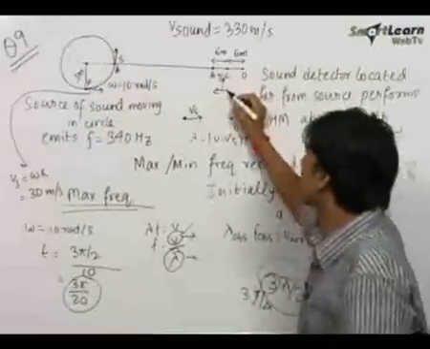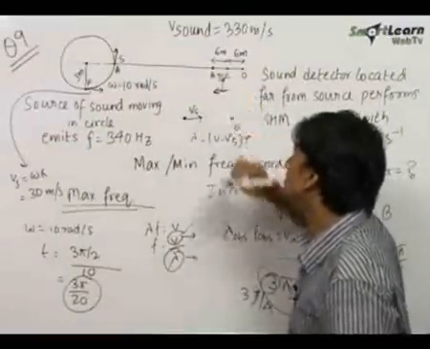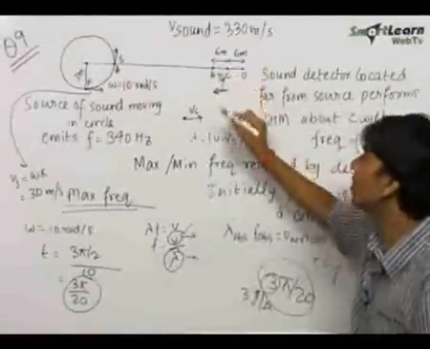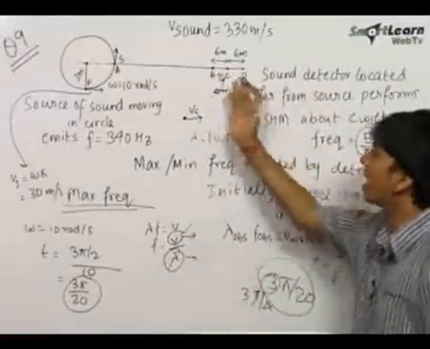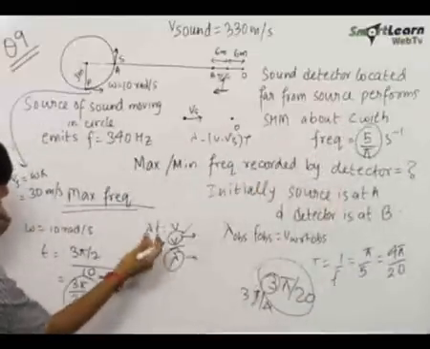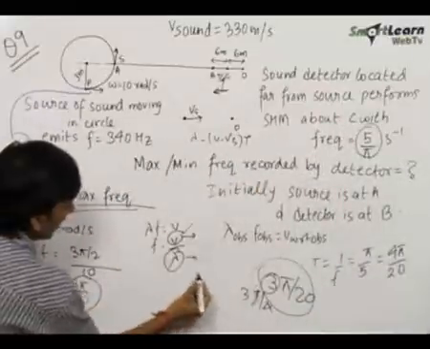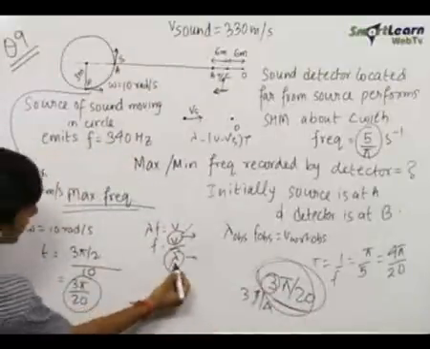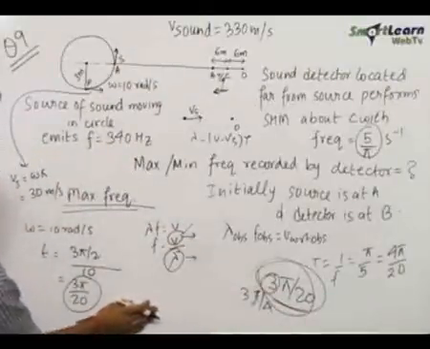This is because when the detector has velocity in this direction, the velocity of sound with respect to the detector will be maximum, because this velocity will be added to the velocity of sound. Therefore we have done two things at the same time after time 3 pi by 20, that is we have minimized lambda and maximized V.